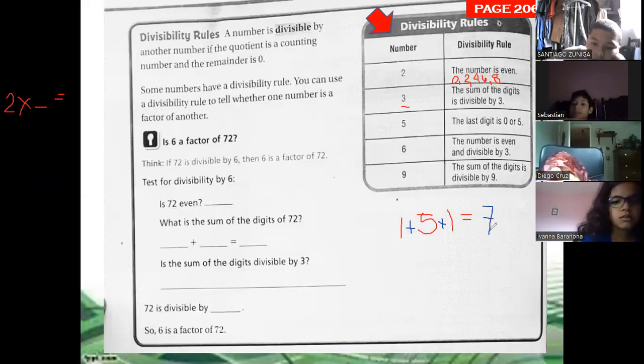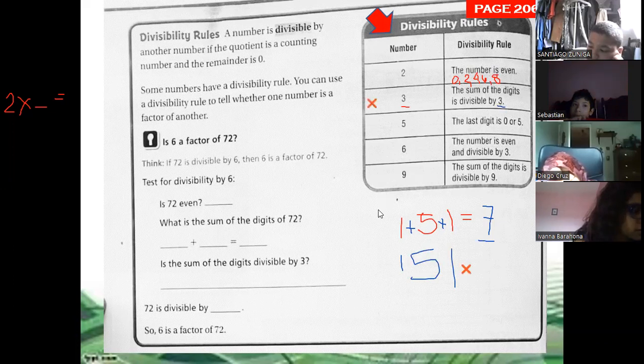So the sum is 7. Is 7 a product of the table of 3? 3 times 1, 3. 3 times 2, 6. 3 times 3, 9. Is 7 a product in the table of 3? No. So 151 is not divisible by 3.